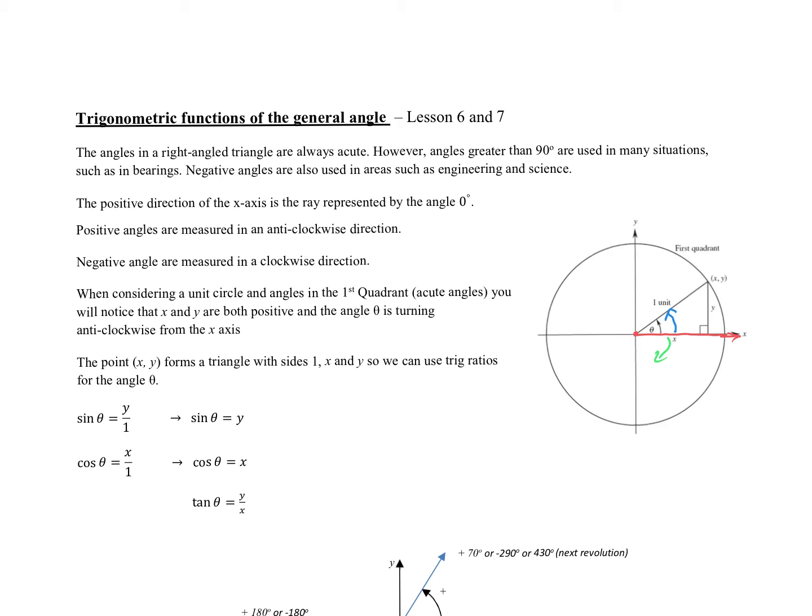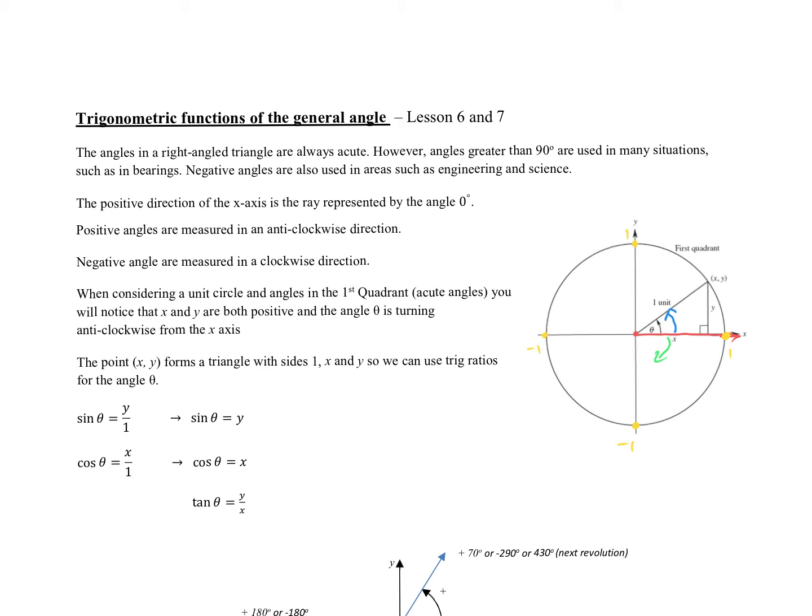If we've got a unit circle, what a unit circle means is that the radius is 1. So on the unit circle, x would have a value of 1, y would have a value of positive 1 up here, down here it would be negative 1, out here it's going to be negative 1. So we've got a radius of 1.